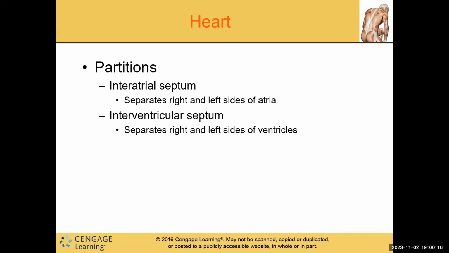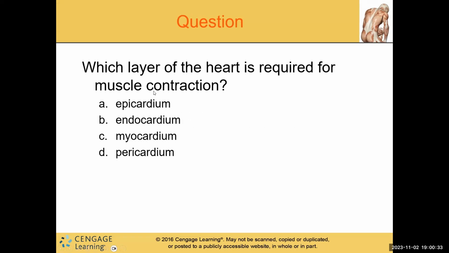The interventricular septum separates the left and right ventricles. So the interatrial septum is on top between the left and the right atria, and then the interventricular septum separates the right and the left ventricles.